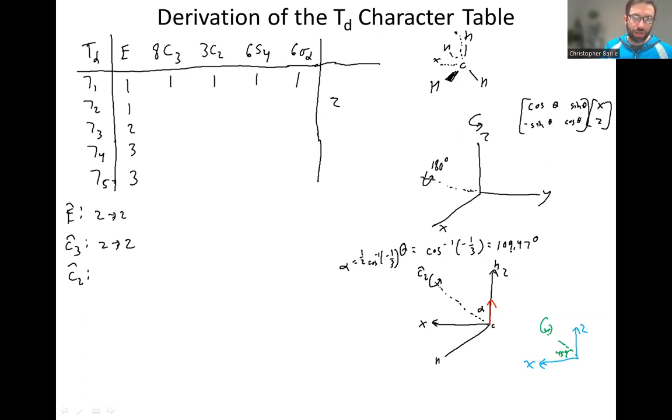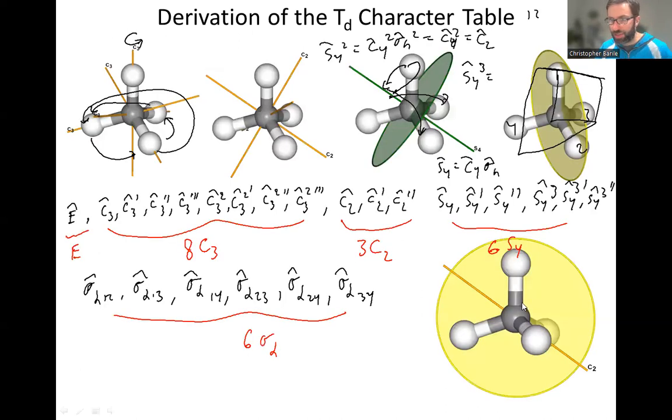And what I want to tell you right now, actually, is that if you look ahead, and you look at something like, let's do sigma d. The C2s are coincident with the sigma d's, and that's why I brought this up in the first video. But here's a view of it. And so you can see that the C2 and the sigma d's go together.